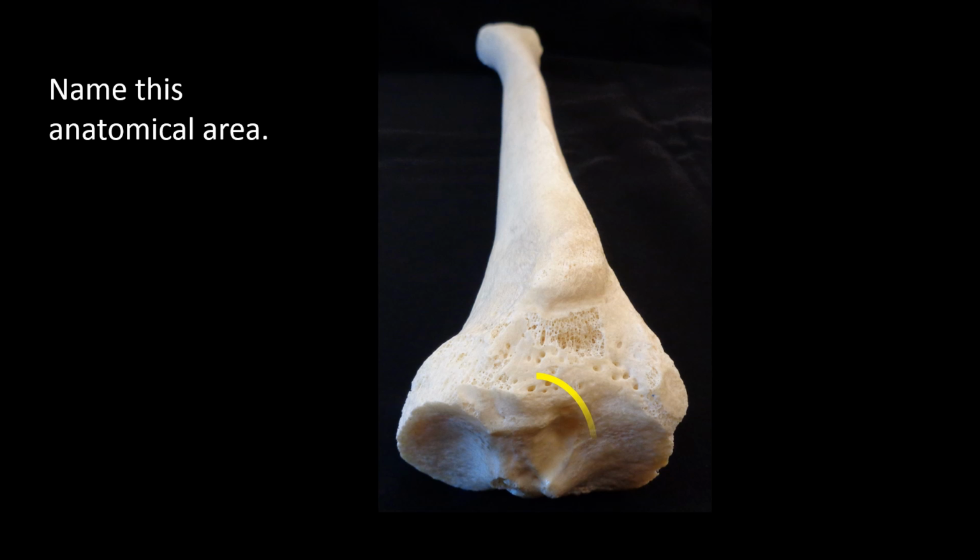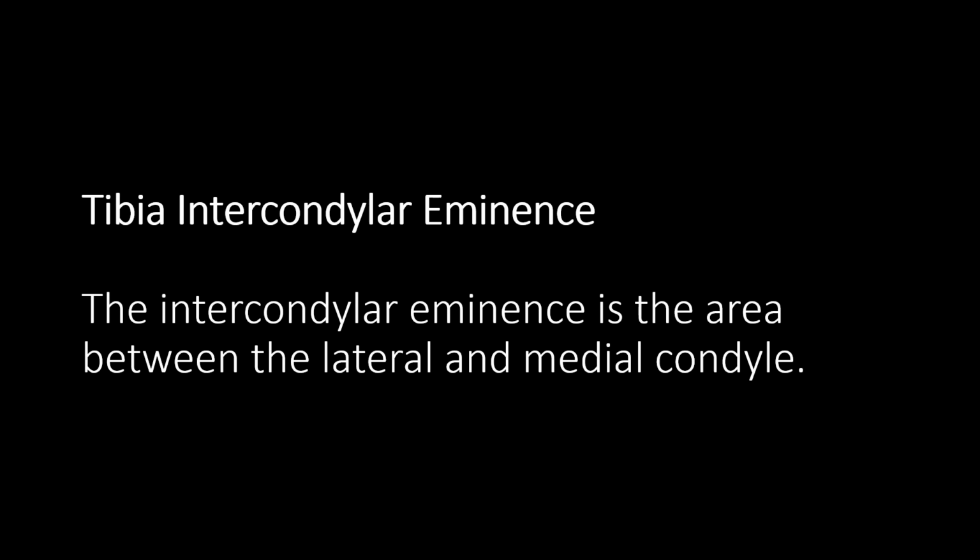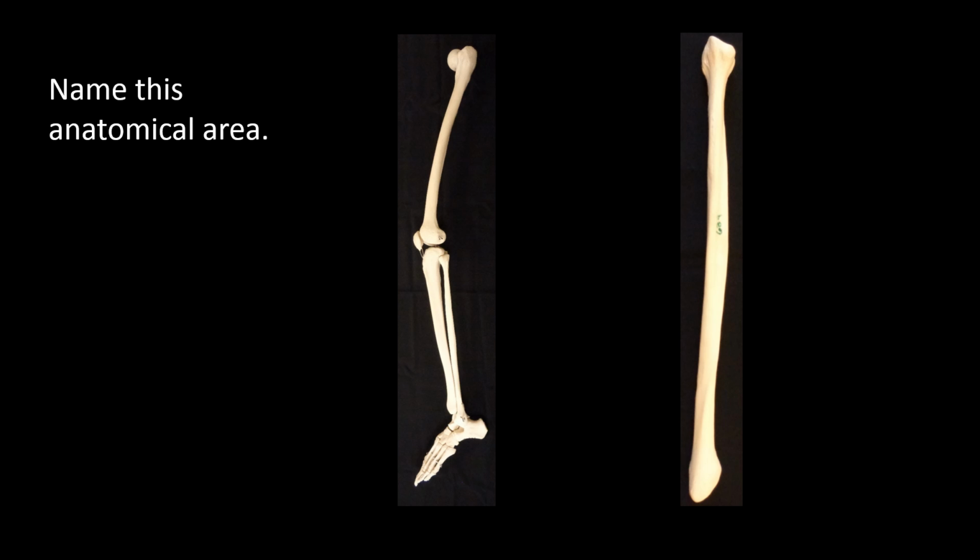Name this anatomical area. Tibia intercondylar eminence. The intercondylar eminence is the area between the lateral and medial condyle. Name this anatomical area.